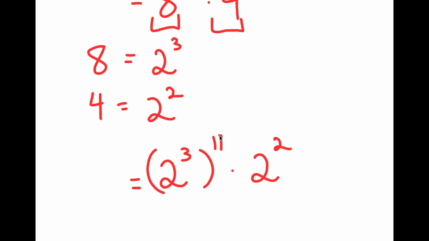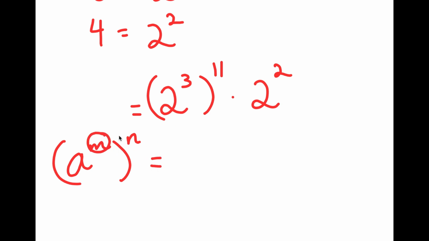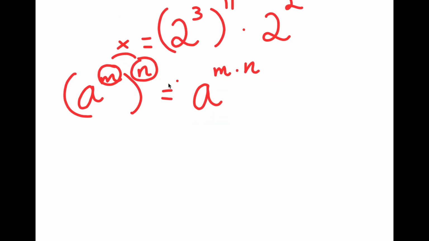And now from here, what I'm going to do is use a property of exponents that states that if I have something in the form a to the power of m to the power of n, so a number to the power of another number to a power of another number, I can actually just multiply these two exponents. And so this is going to equal a to the power of m times n. So in this case, I have 2 to the power of 3 to the power of 11.